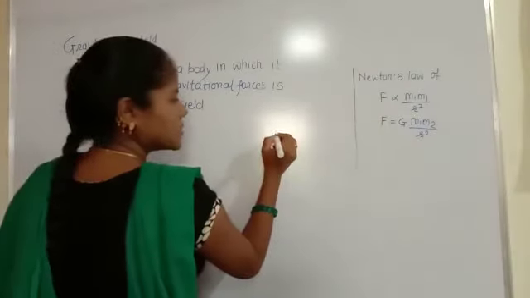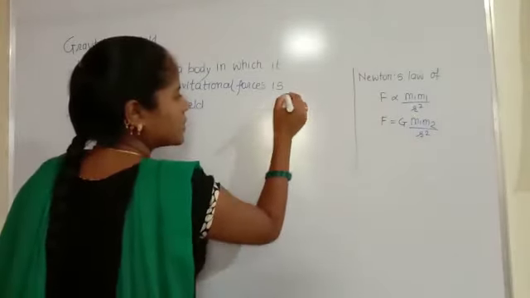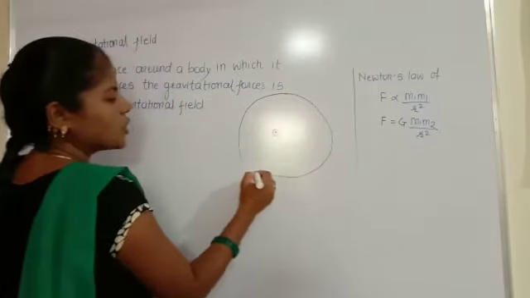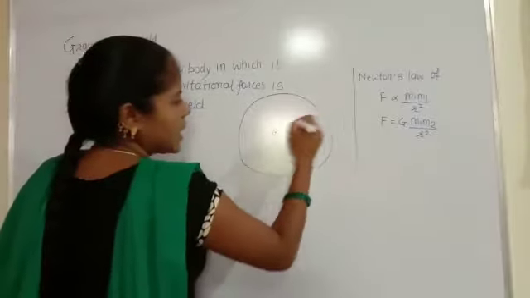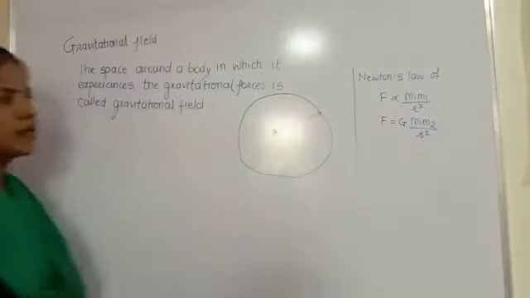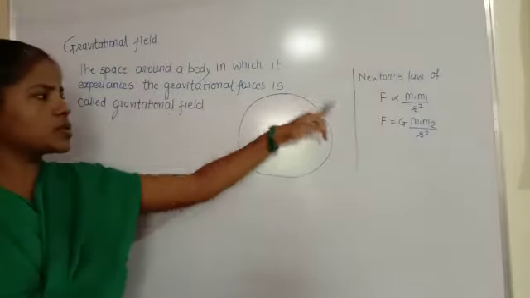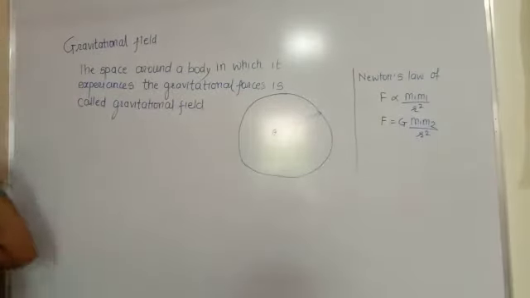Suppose we take this small body, and around this body there is a space. Up to this space the gravitational force is exerted, which means this body experiences the gravitational force. Such a type of space is known as the gravitational field.